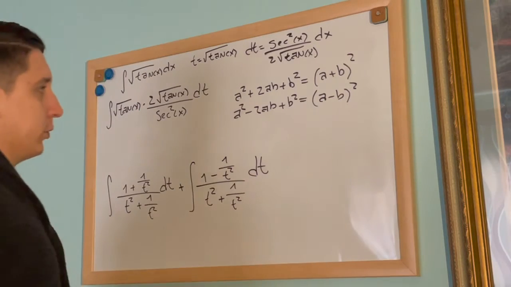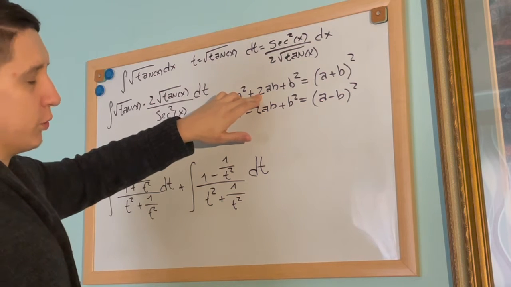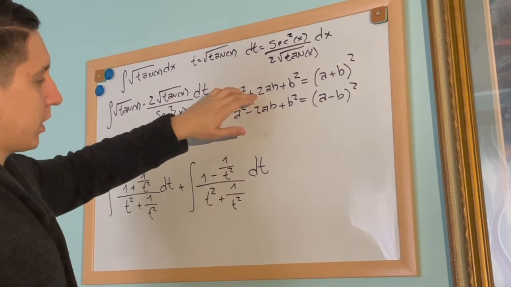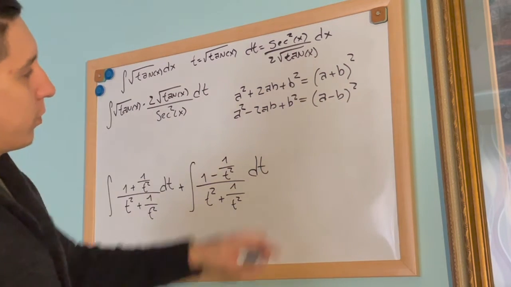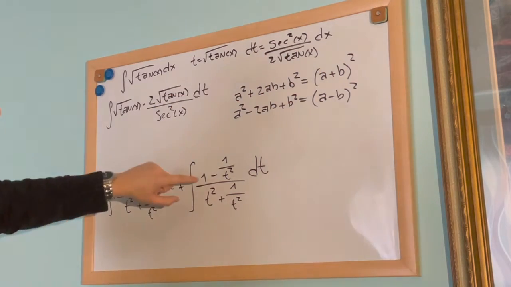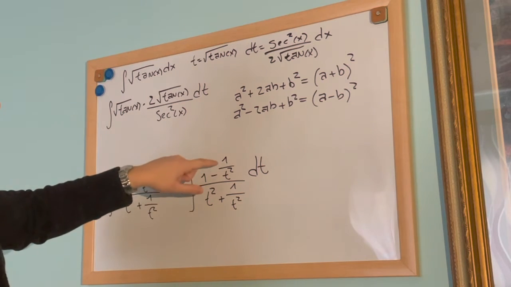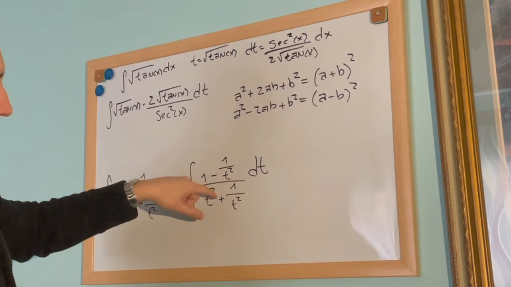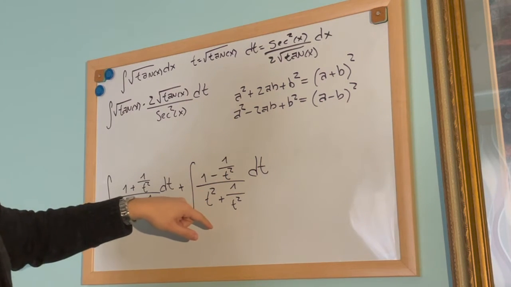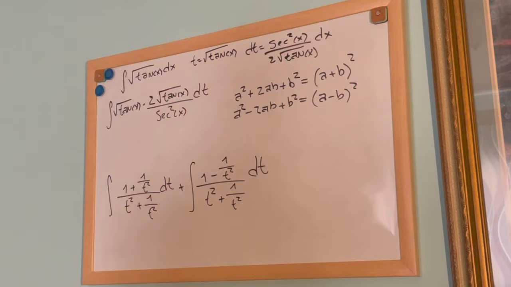Since we know this 2 is in here, we can use the fact that this 2 is here for turning this expression down here into a form like this. And the reason why we want to do that is because when you square 1, it's 1. And over here, if you just square the numerator, it's still going to be 1. But here, the denominator is going to be squared. So if you had 1 over t, then if you squared it, you'd have 1 over t squared, obviously.